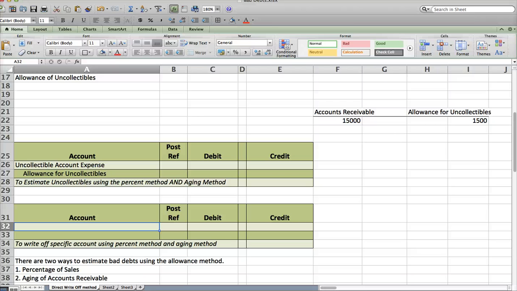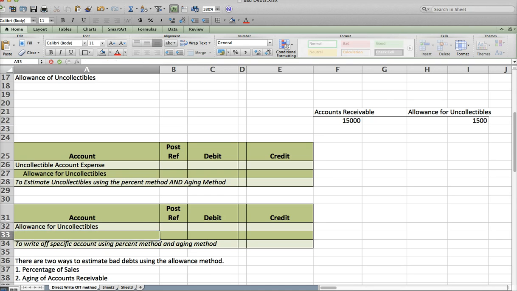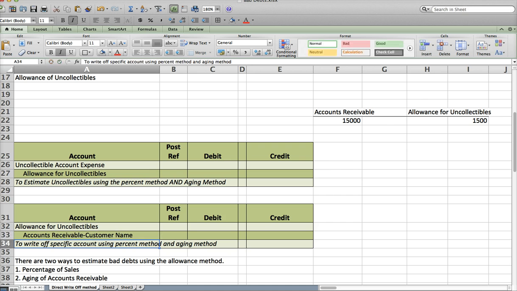It's going to be to reduce your allowance because you've used up some of it, and you're going to credit your accounts receivable for your customer name. So if you were doing the allowance method, these will be the accounts that you will use. Again, up here is where you set up your allowance at the beginning of the period, and here's where you write off a specific account using the allowance method.